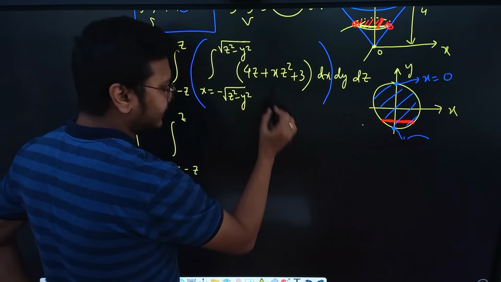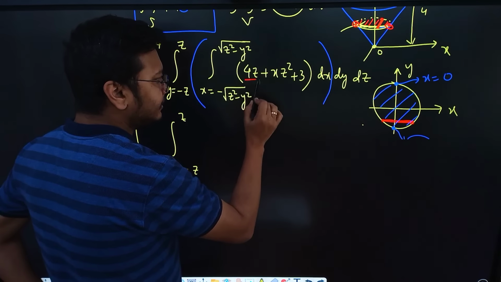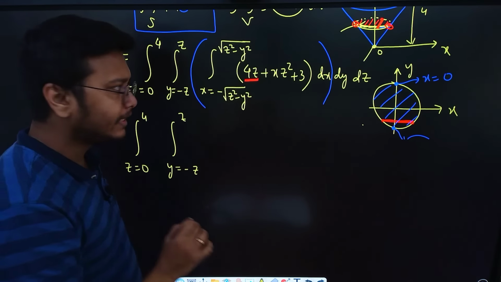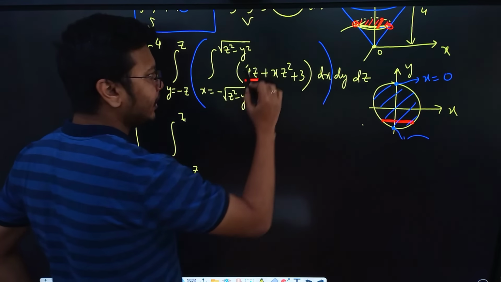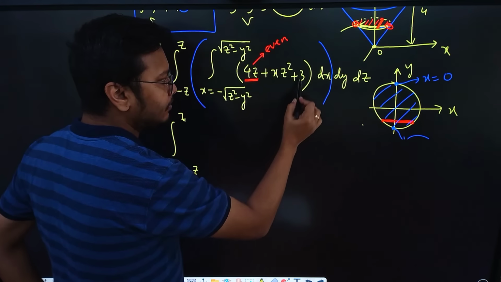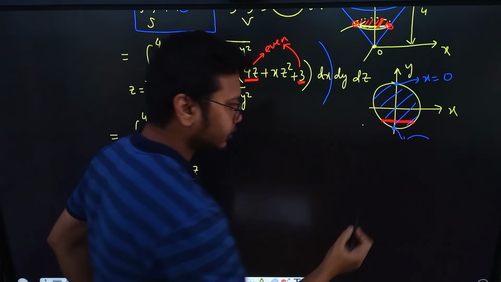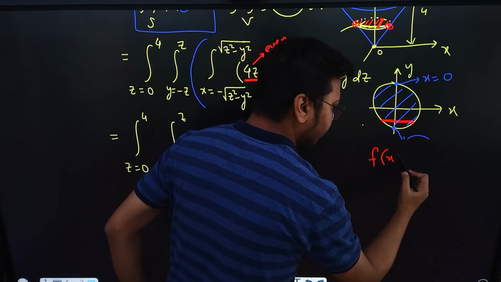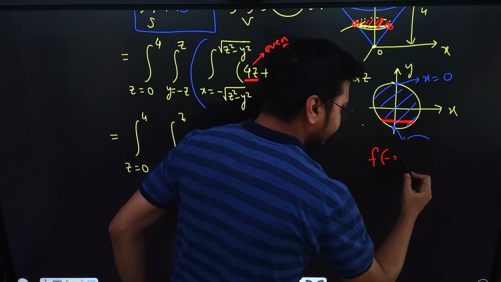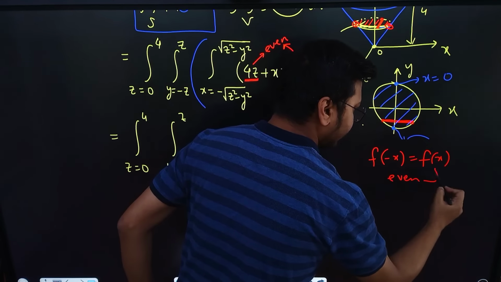With respect to x, you can observe that 4z is a constant when I'm integrating with respect to x. So that means this is an even function. Similarly, 3 is a constant, so it's an even function. We know constants are even functions. What are even functions? f of minus x equals f of x. That's an even function, right?